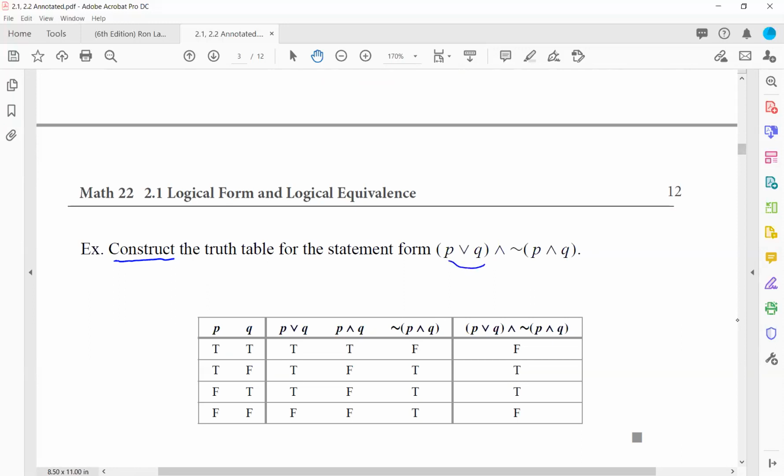P or Q, then you have P and Q. Then you have the negation of P and Q. And finally, you connect these two statements together. So P or Q, P and Q, negation of P and Q, and finally the statement itself.